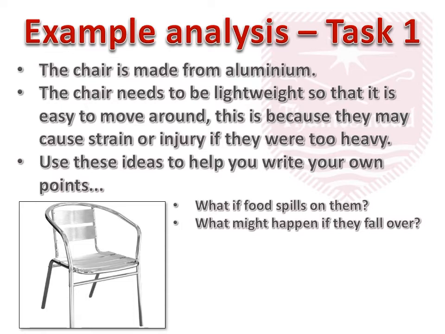I know that it needs to be lightweight, for when the person has to move it around or stack them up at the end of the day. So I'm going to write down as my example: the chair needs to be lightweight so that it's easy to move around, because they may cause strain or injury if they were too heavy. Okay, so that designer has chosen aluminium because aluminium is lightweight. It's strong, so it can hold someone's weight.